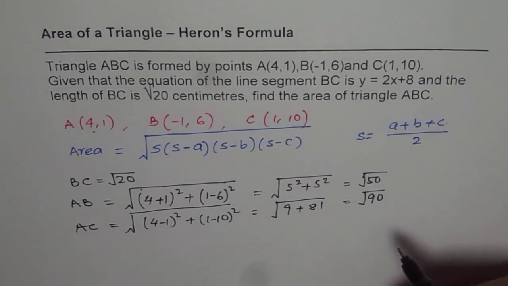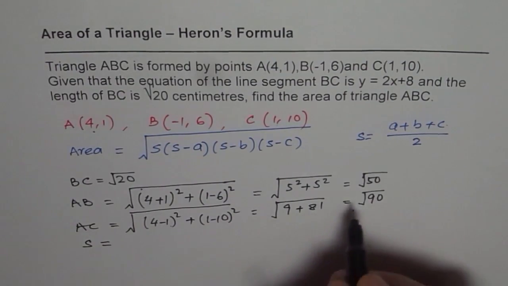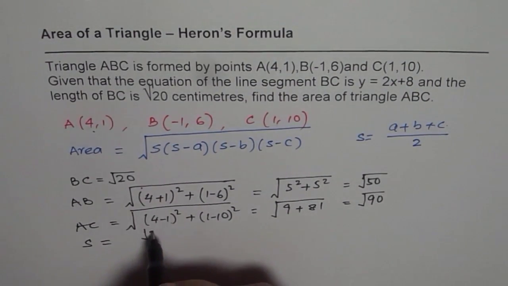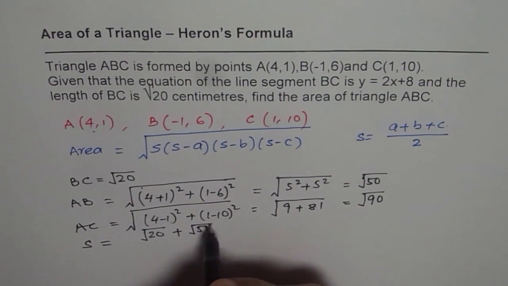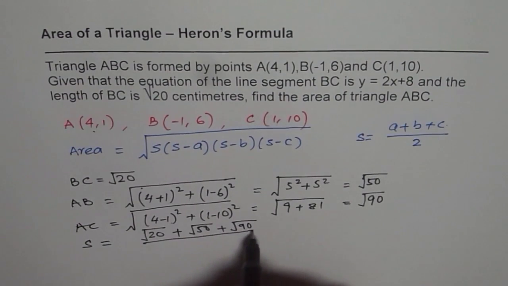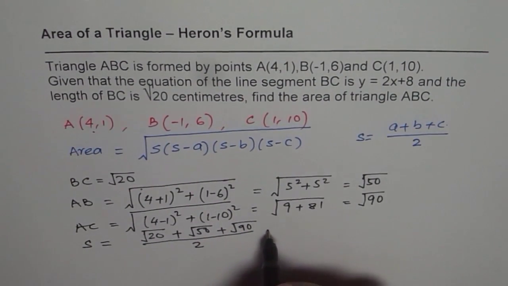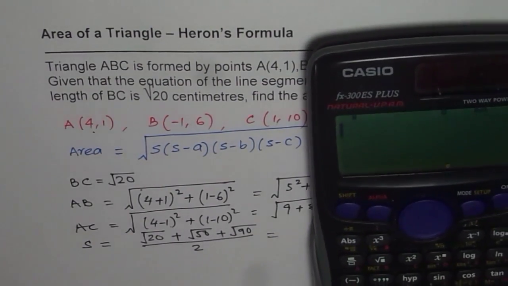Once you get three sides, find what S is. S equals the sum of these three sides, square root of 20 plus square root of 50 plus square root of 90, divided by 2, the semi-perimeter. You get the idea, right? Use a calculator, find the answer.